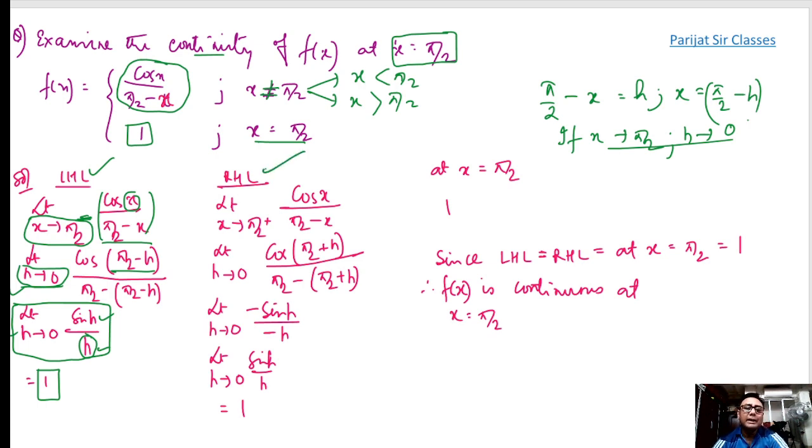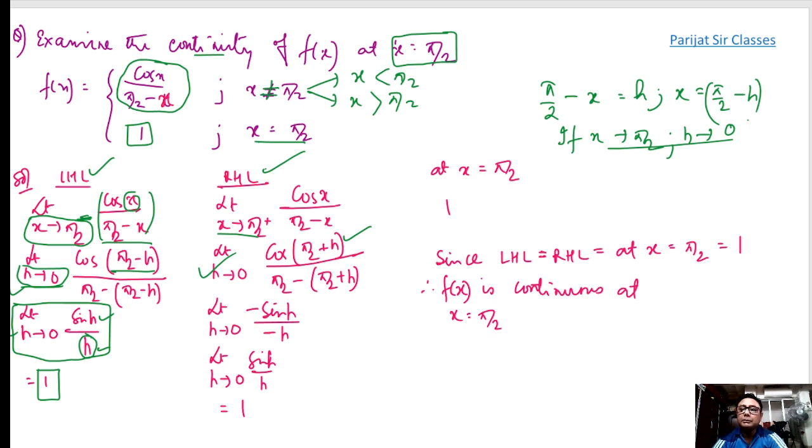Similarly, for the right hand limit, the same function I have to choose. Same way, x tends to pi by 2, so h will tend to 0, and this will become pi by 2 plus h. Clear? Pi by 2 plus, because I have taken pi by 2 minus x as h.